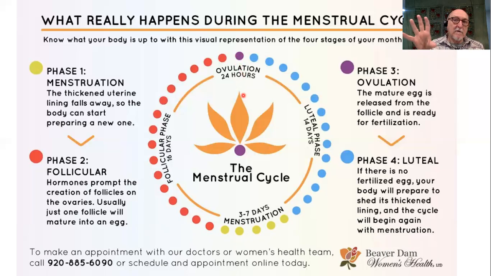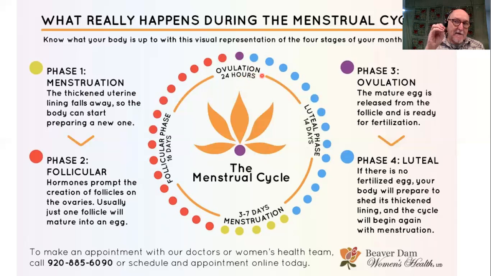Now that follicle is really important because once it's released the egg, it kind of heals up and it forms another little endocrine organ. And you'll see it again in a minute.